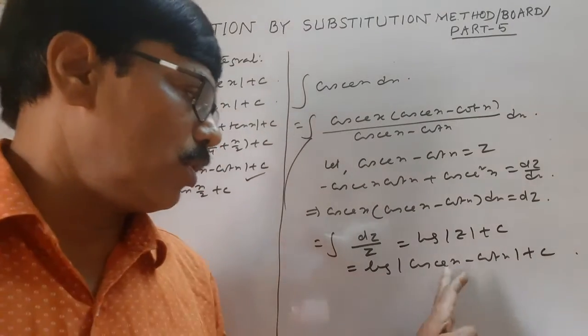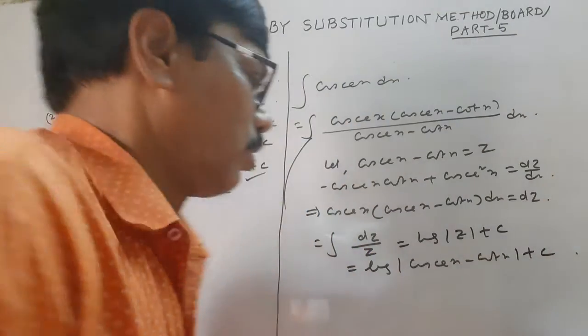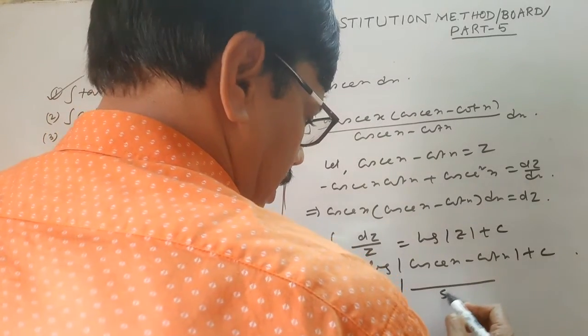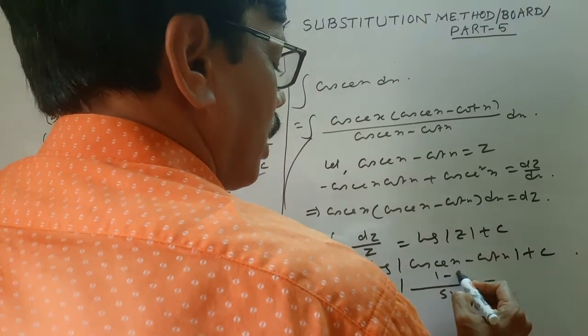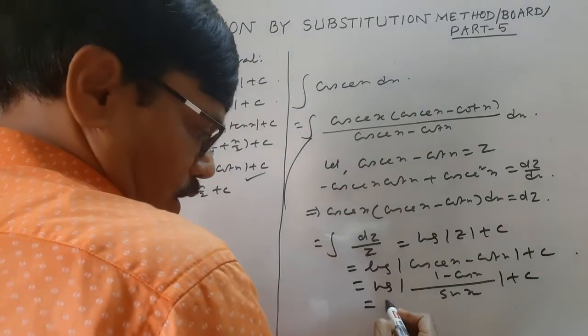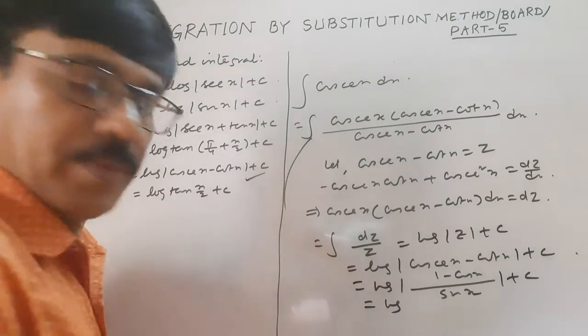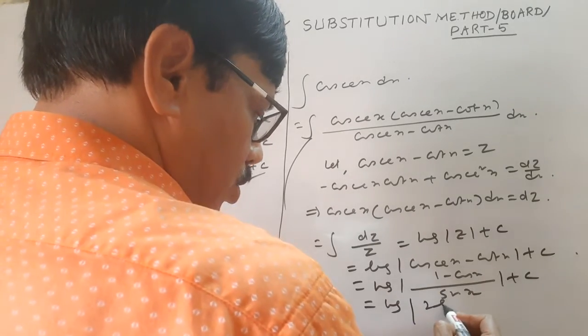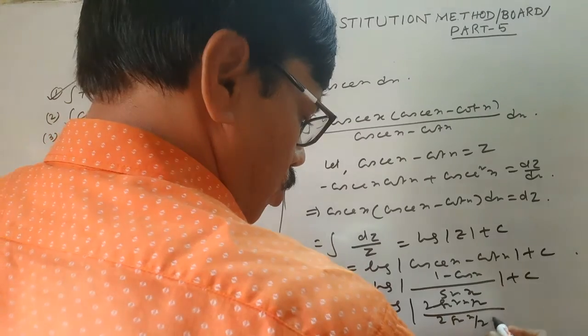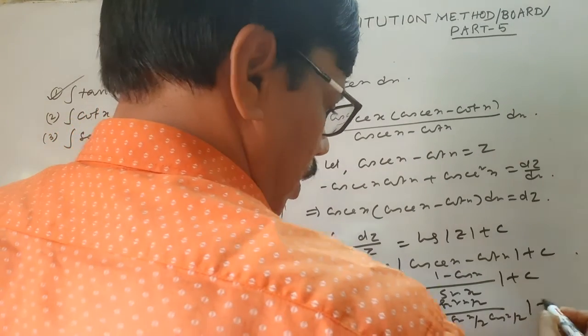If you write it in terms of sine and cos, you get the second one. So log of sin x, LCM 1 minus cos x. So log of 2 sin square x by 2, over 2 sin x by 2 cos x by 2, plus c.